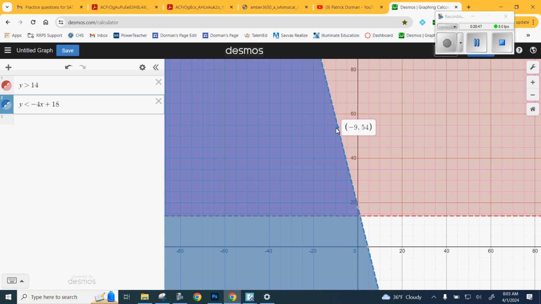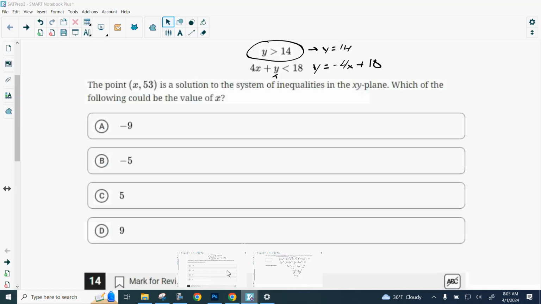Okay. So negative 953 then would be a possible solution, right? Because it's less than that 54. It's in that shaded region. All right. Got that busted out.